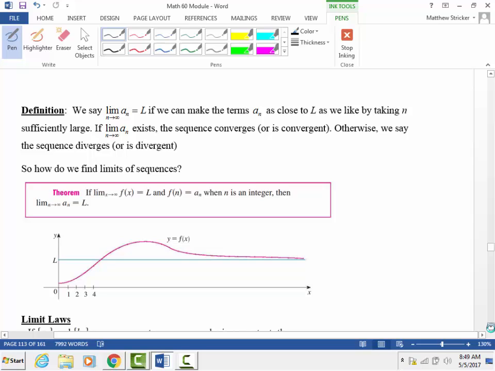So one of the ways you can find a limit is by using this theorem, and we're going to use this whenever we use L'Hopital's rule. Notice what it says.